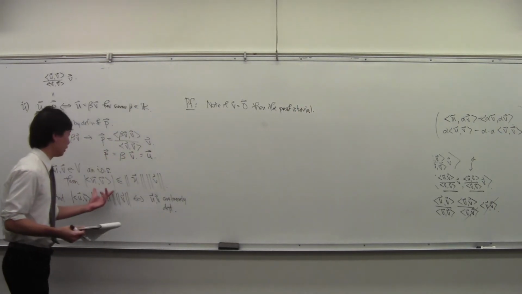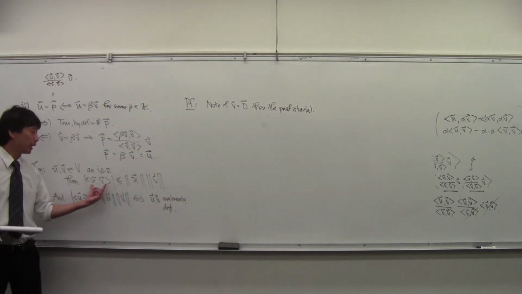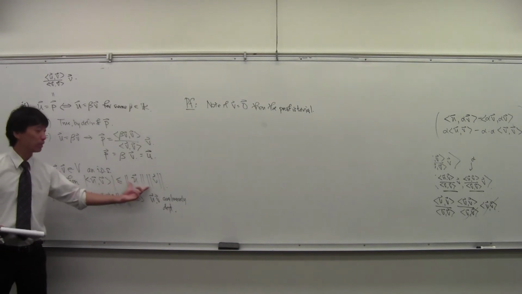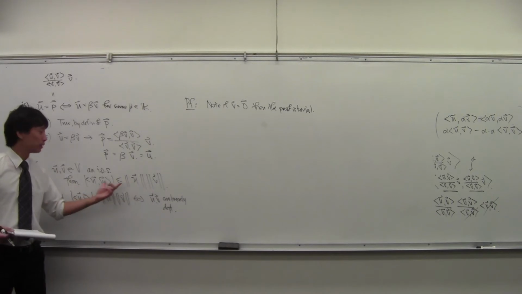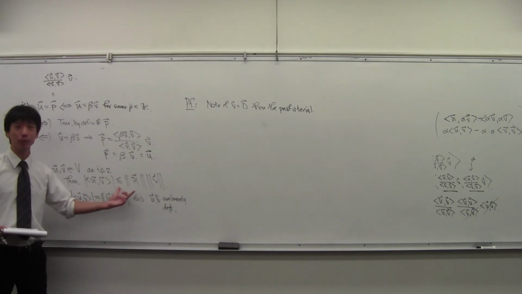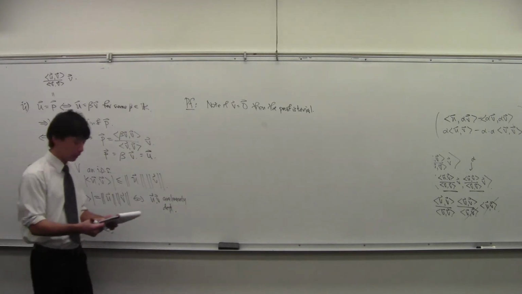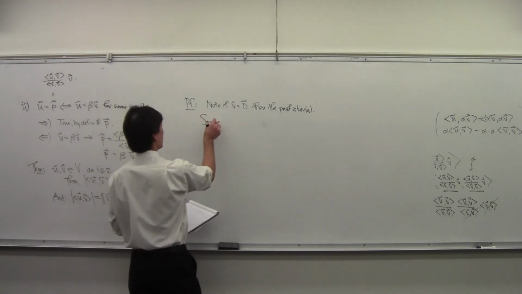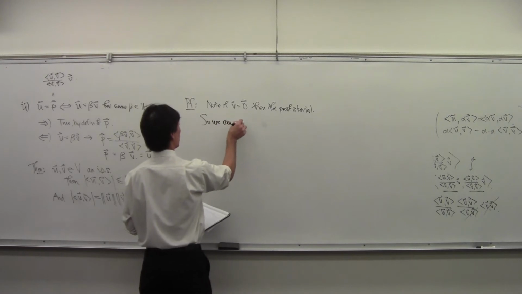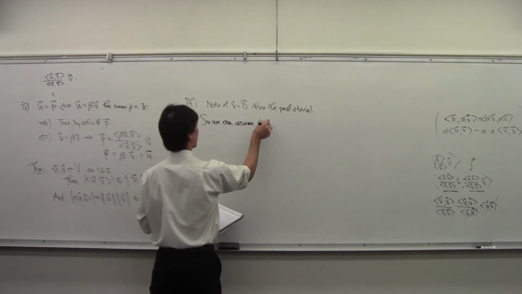If V equals 0, then certainly the absolute value of the inner product is going to be less than or equal to the product of the magnitudes. We'd just be saying 0 is less than or equal to 0. That's certainly true. Okay, so we can assume that V is non-zero.